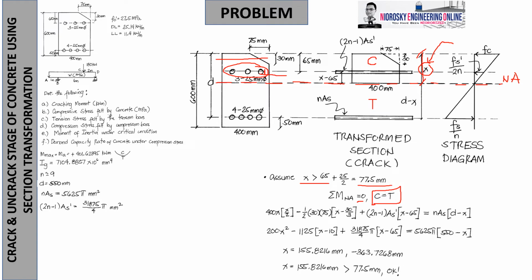Mapapansin niyo na kinuha ko muna yung area ng concrete. Okay? Let us take this step by step para hindi malito. Kunin mo muna yung area ng concrete na nasa compression, i-transform mo doon. Okay? Kaya ito siya. May bakal ka na 3 piraso. Ito. I-transform mo doon. Okay? Kaya merong humaba, parang buhok lang po ito na sobrang nipis tapos sobrang haba.